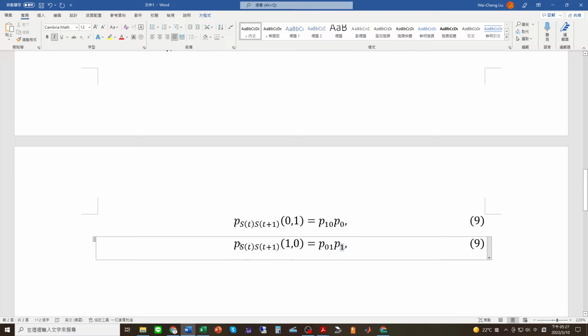And P_{S_t,S_{t+1}}(1,0) is equal to P01 times P1.